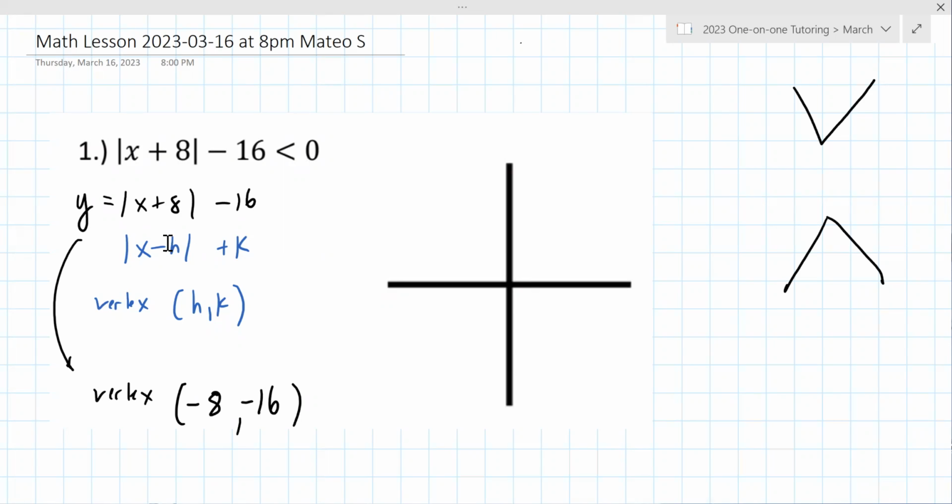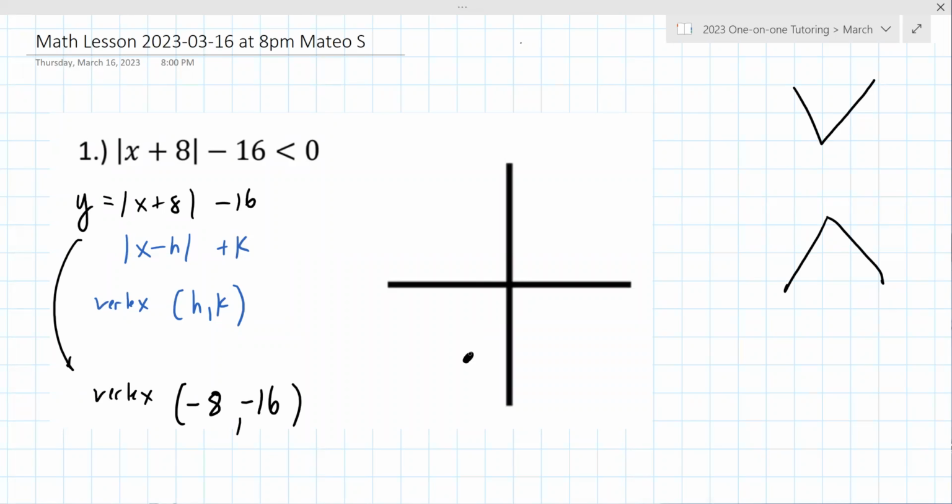We can talk about why that is, or we can accept that it is always the negative of what's inside there. I'm happy to do either. I'm just letting you know you may or may not like the time or the explanation. The k value is always the number on the right, whatever's outside the absolute value. Okay, now that's the dot, -8, -16, right there.